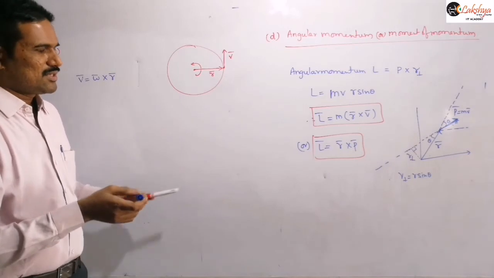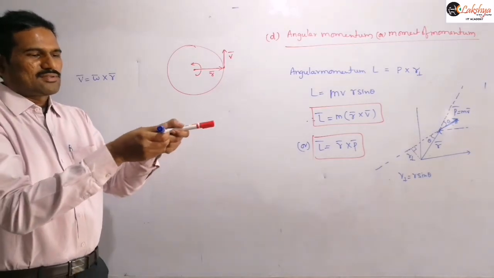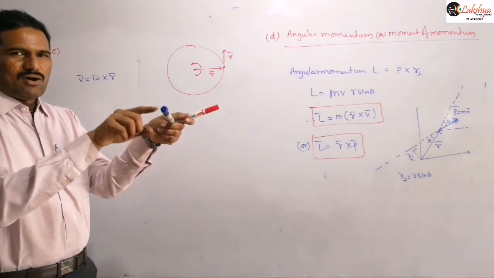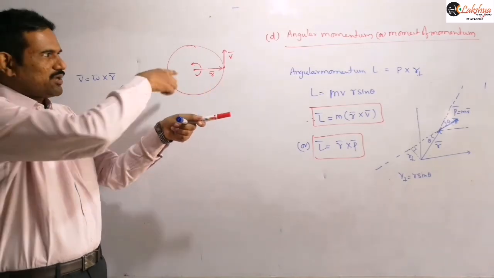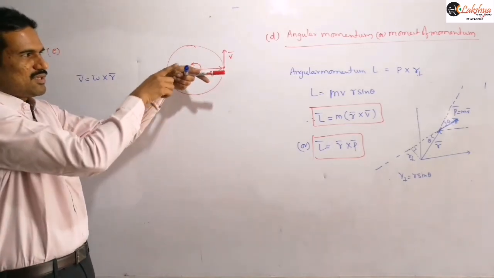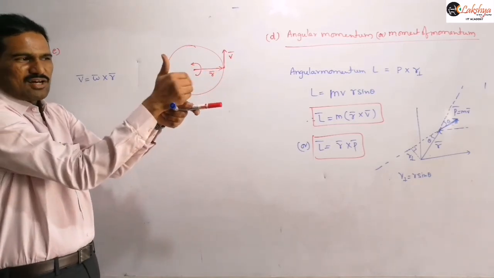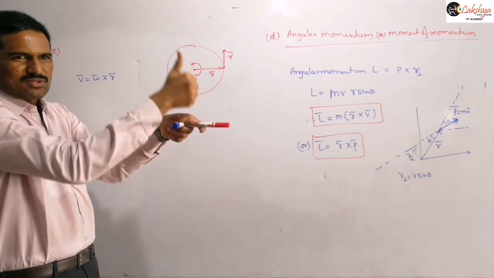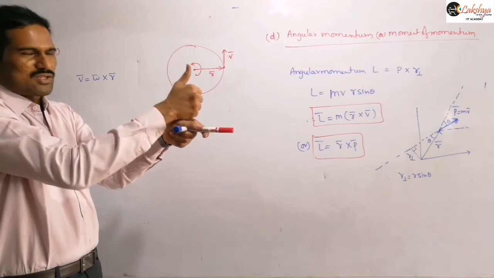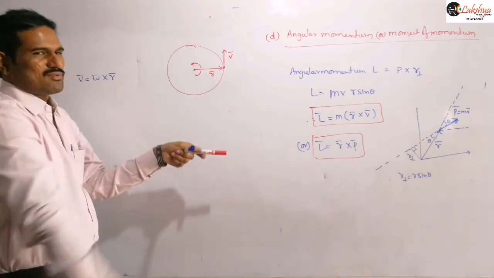Now omega bar cross r bar, you can observe, we are getting in the upward direction. That is nothing but the direction of this velocity here.